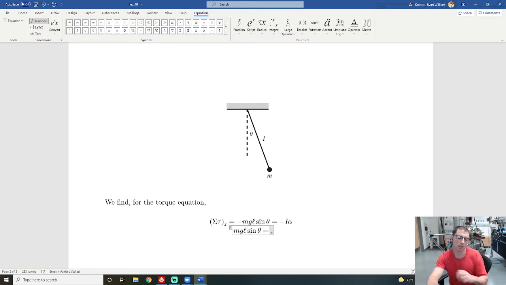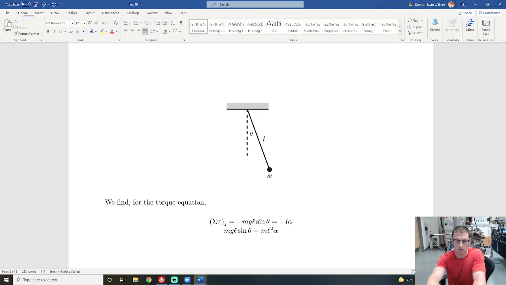And let's plug in what I is, because remember the rod is negligibly massive, so it's massless, essentially. And the mass is always a distance L from our axis of rotation, because our axis of rotation here is at this point. And so the moment of inertia for this thing is simply mL squared, and so this is what our second law becomes.